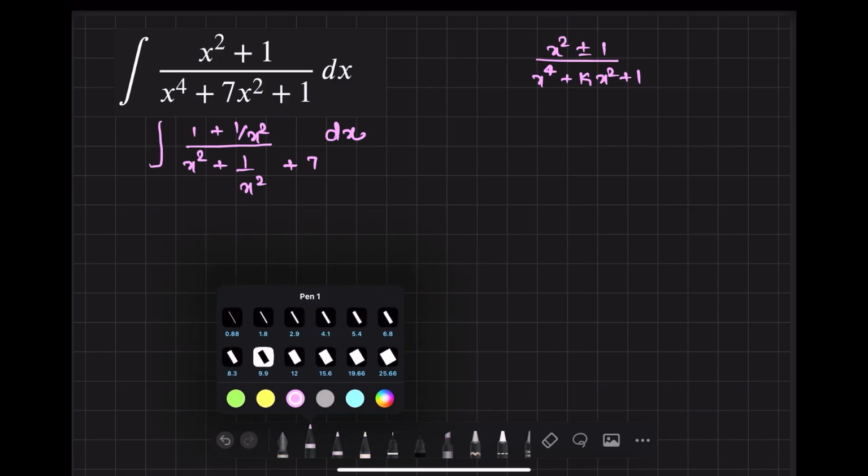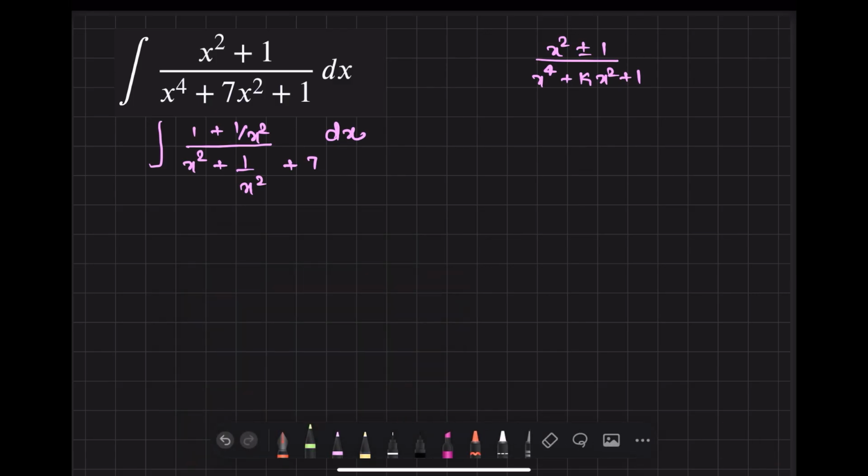Now look at the numerator. If you observe the numerator, we have 1 plus 1 by x square. So you know that the numerator is the differentiation of something, and we must take z as x plus or minus 1 by x, correct?